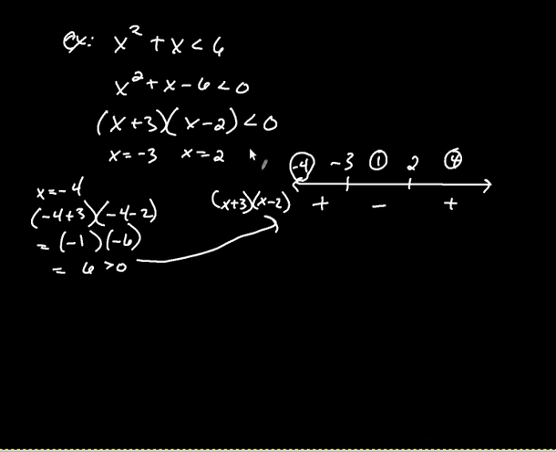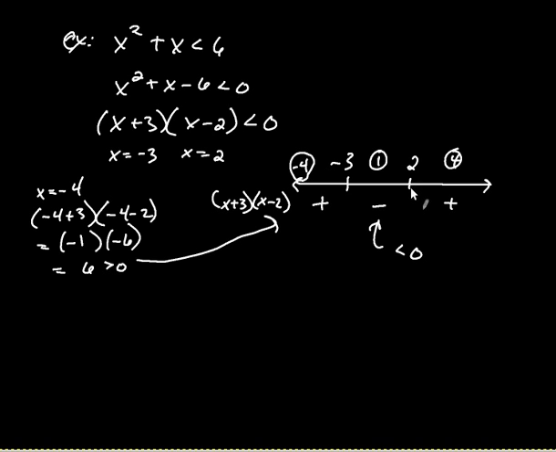And then I look at the original problem. What did it say? Well, when is that product less than 0? But less than 0 means negative, and I can see it's negative right there, right? That negative sign means less than 0. And so all the numbers between -3 and 2 are solutions. Why?